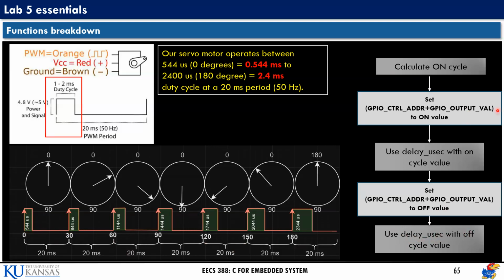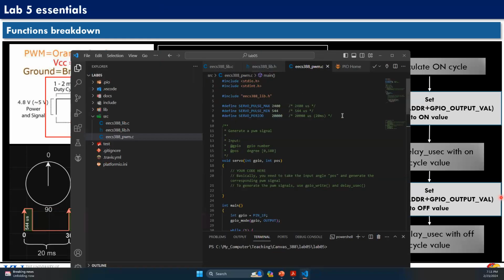This is very straightforward. Just go through the code, and as you can see already from the picture, you know how to calculate these values.